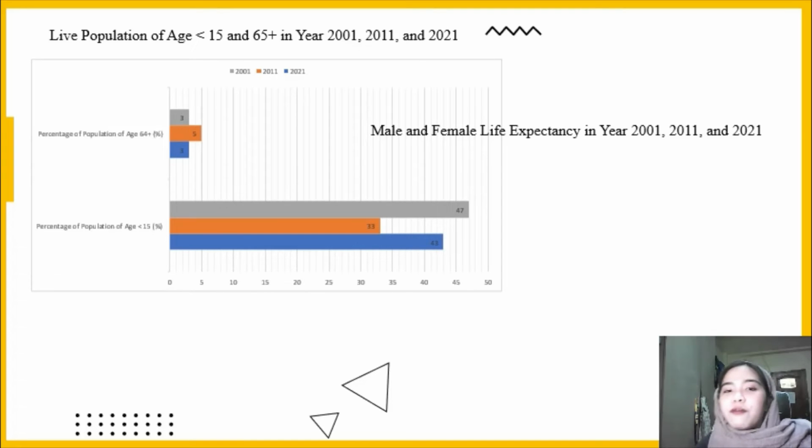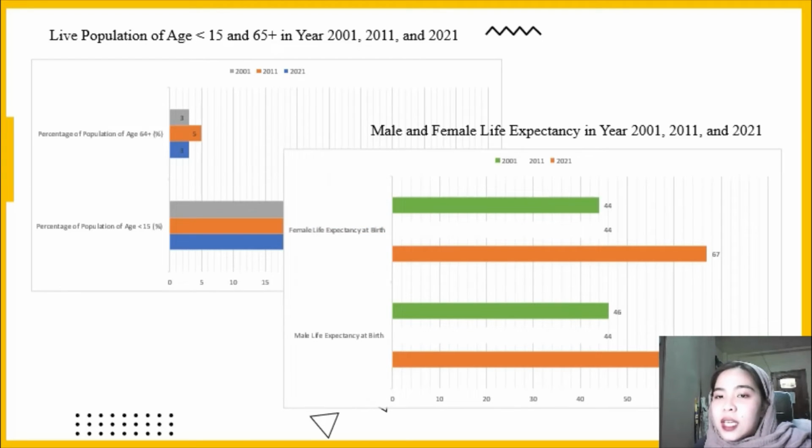So for the male and female life expectancy in the years 2001, 2011, and 2021. For the female life expectancy at birth, in 2001 is 44. And okay, same sila in 2011, and then it increased into 67 sa 2021.